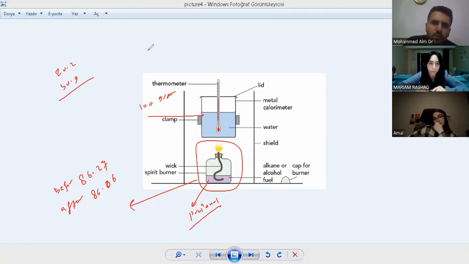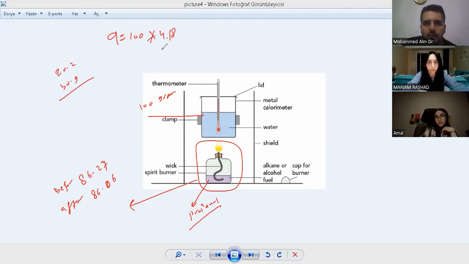Let's start with the Q. What will be Q, guys, here? Any idea? M is what? Mass of water, which is 100 grams. And this one will be for the specific heat capacity, multiplied by the temperature change, which is what?